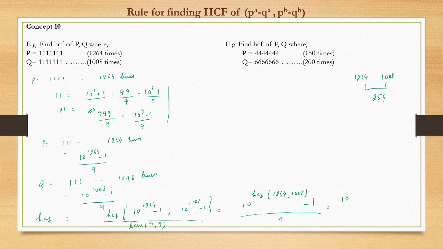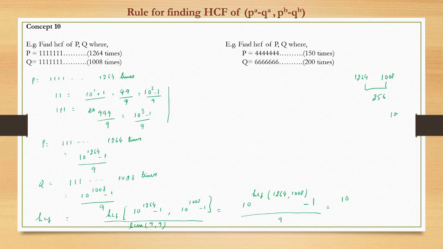Does 256 divide 1008? No, it will not. Next is 128. Does 128 divide this? No, because 128 times 4 becomes 512 and another 128 gives 1024. So 128 also does not divide. Then it becomes 64.